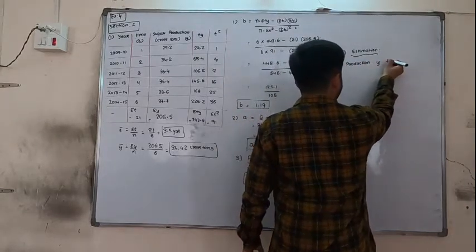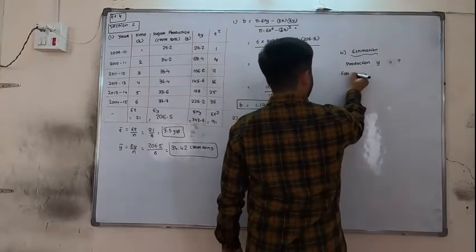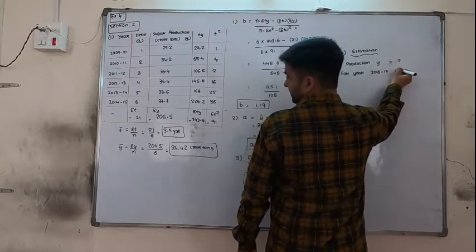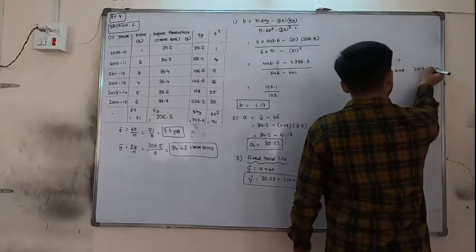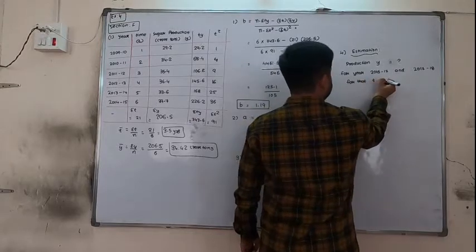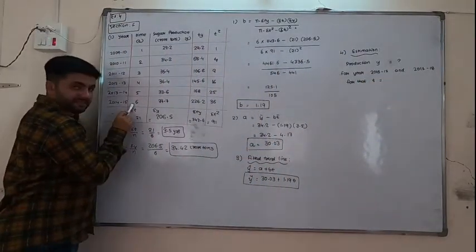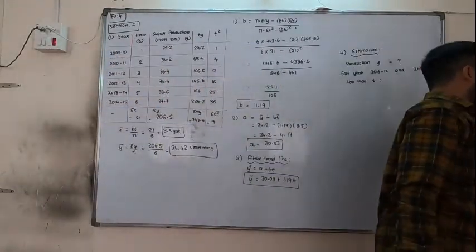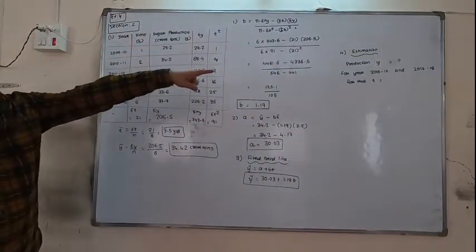Production Y is equal to question mark for year 16-17 and 17-18. For that, t is equal to... Now see, for 14-15, t is 6. After that 15-16 will come, but we are not asked 15-16.